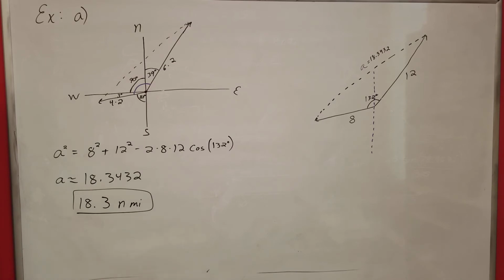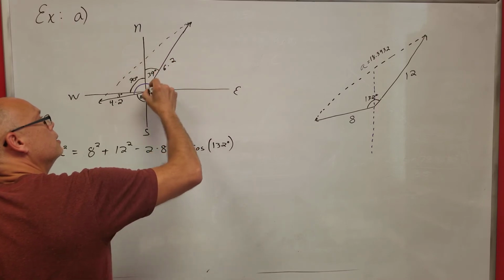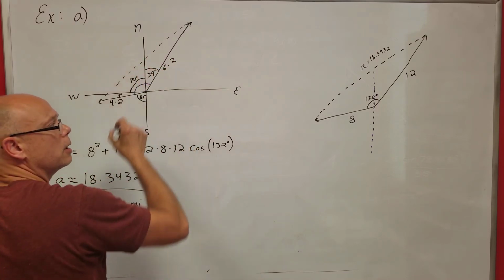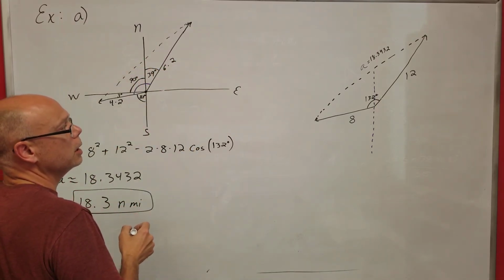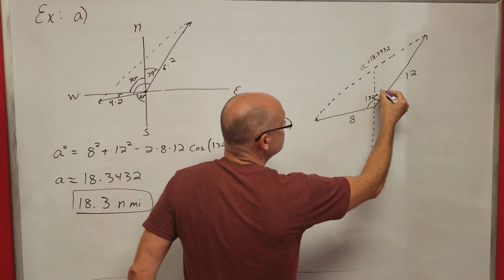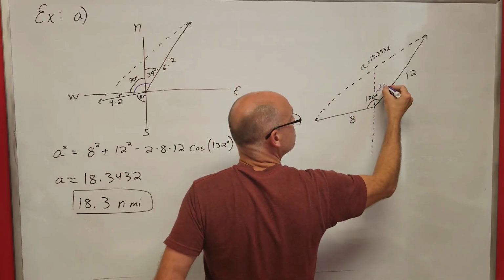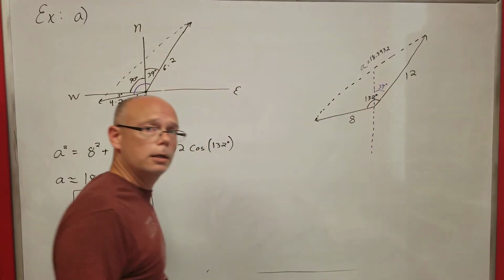Step back and think about this for a second. You know that this angle right here was 39 degrees, right? So I can say that this angle right here is just like this angle right here, 39 degrees.